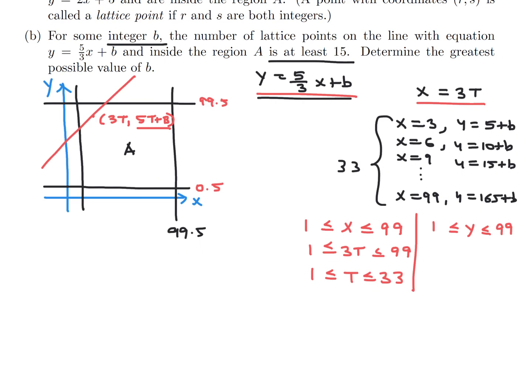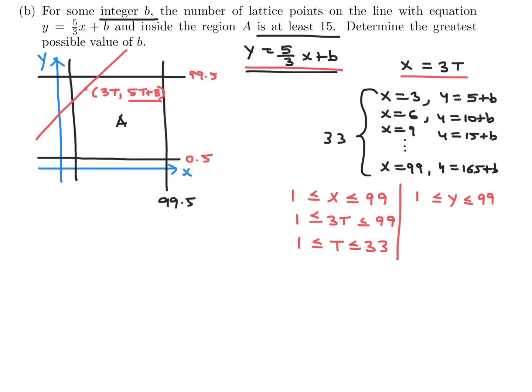Okay, so let's actually just talk about it without b for a second. Since y is 5t without b, if we divide through by 5, we're going to get, I think, about 19. So that means if b was 0, then y would just be 5t, and we would have t between 1 and 19.